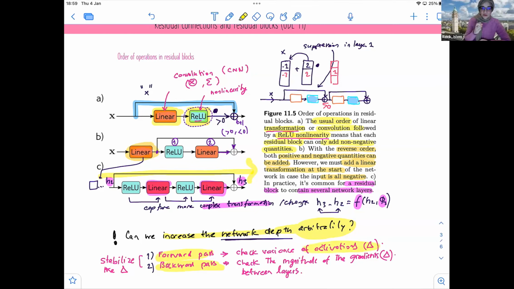You go through all these building operations or blocks, and you get the final activations, H3, H4, et cetera. The second thing is the gradient: in the backward pass, you need to look at the gradient. In the forward pass, we calculate the activations, so we pass the data through the network.